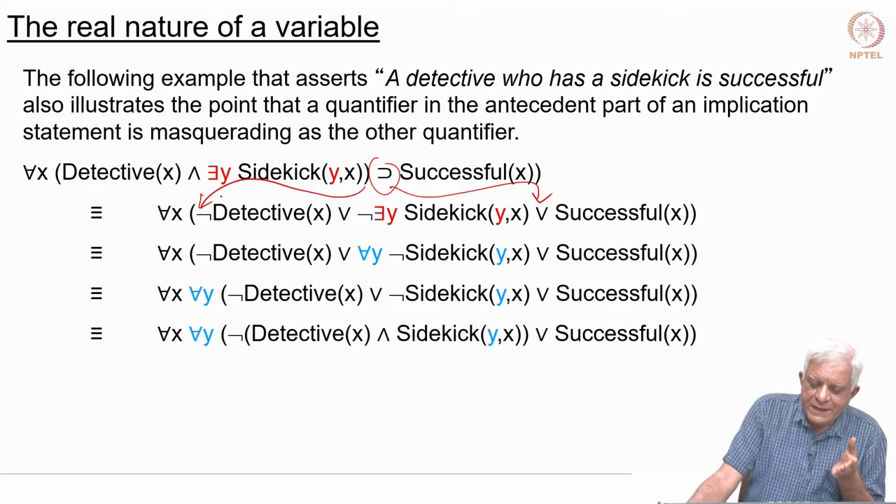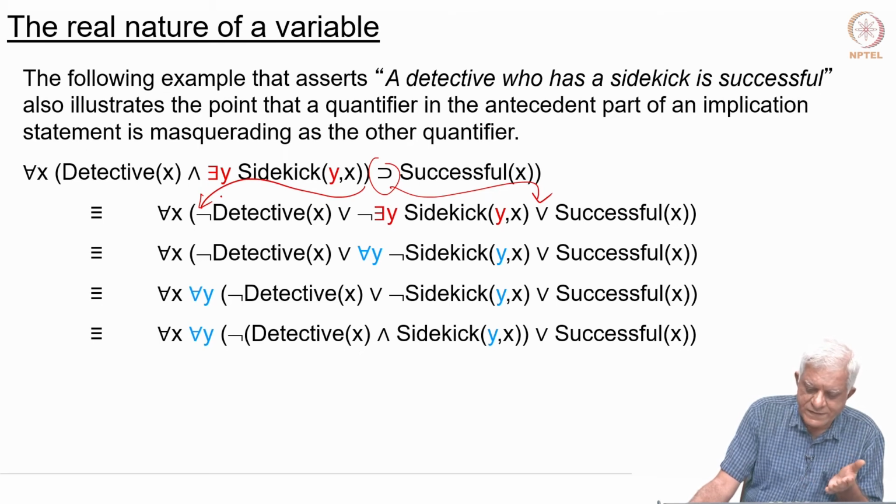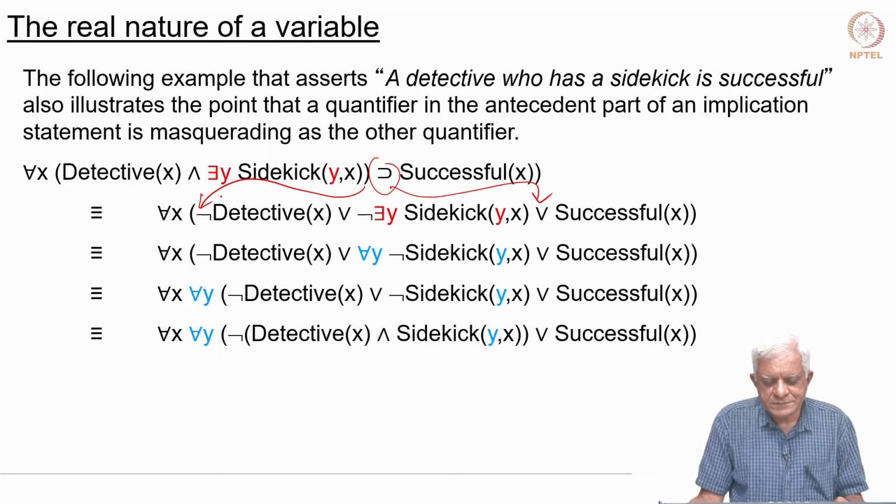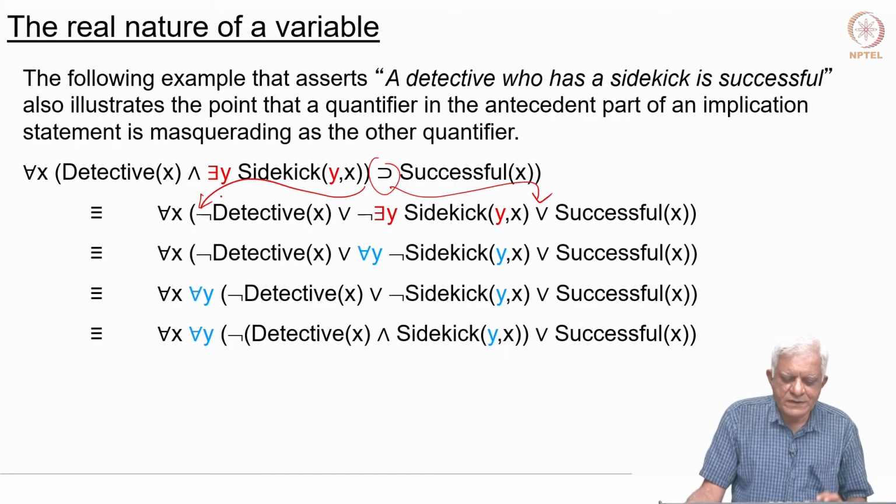So, what this is saying is that for all x, for all y, if x is a detective and y is a sidekick of x, then x is successful, which is what we said in the first place, that for all x, if x is a detective and there exists a y such that y is a sidekick of x, then x is this thing. So, the lesson to learn is that whenever there is a quantifier in the antecedent, it usually means the other quantifier, if you manage to pull it out essentially.